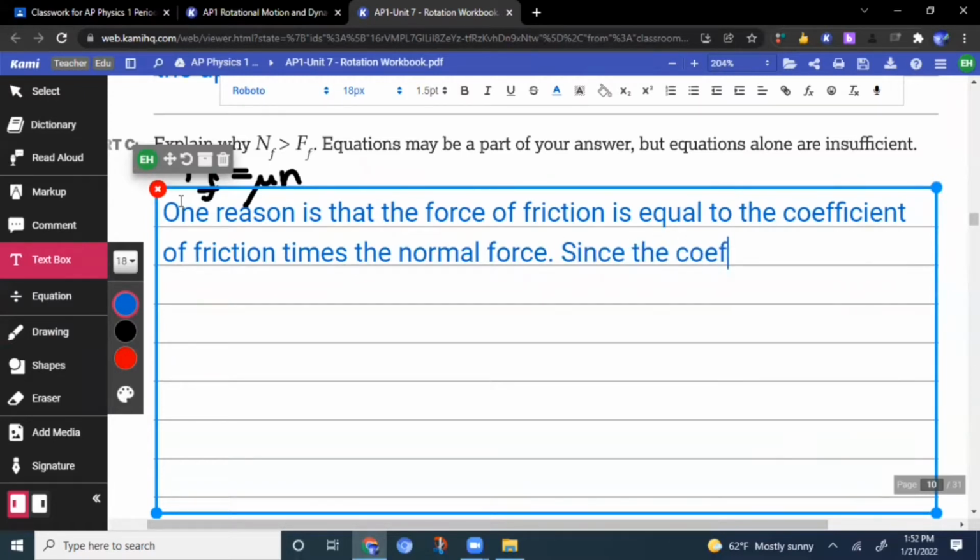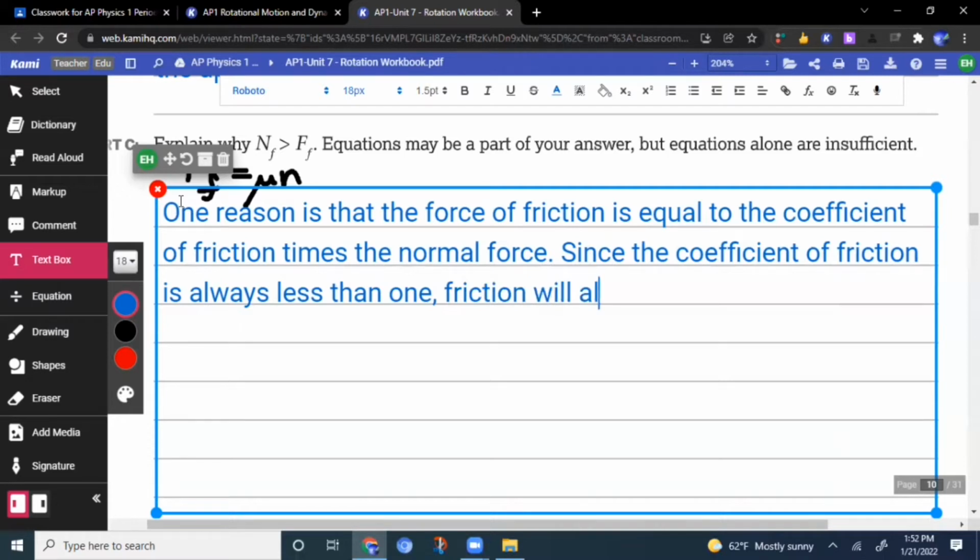Since the coefficient of friction is always less than 1, friction will always be less than the normal force. That's one reason. The second reason has to do with the torques that are applied.